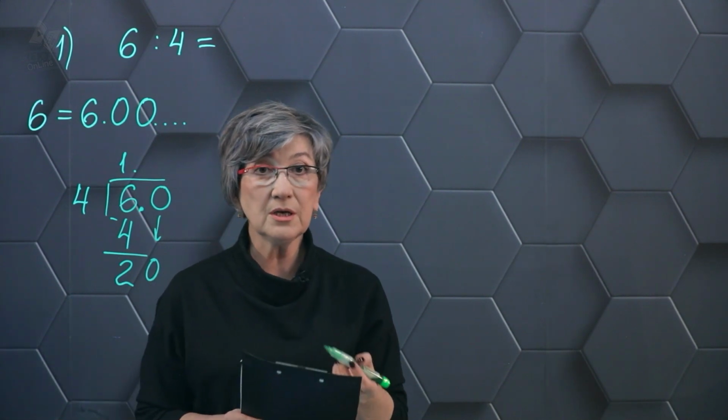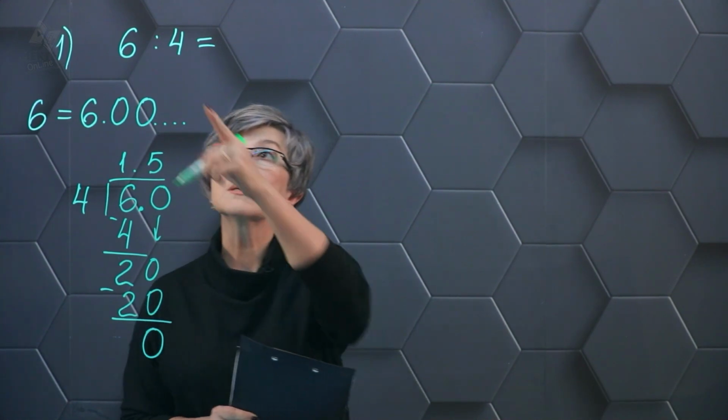And now I put the 0 down. I divide 20 by 4. I'll take 5. 5 times 4, that's 20. And notice, 20 minus 20 will give me 0. So when I divide 6 by 4, I get 1.5.